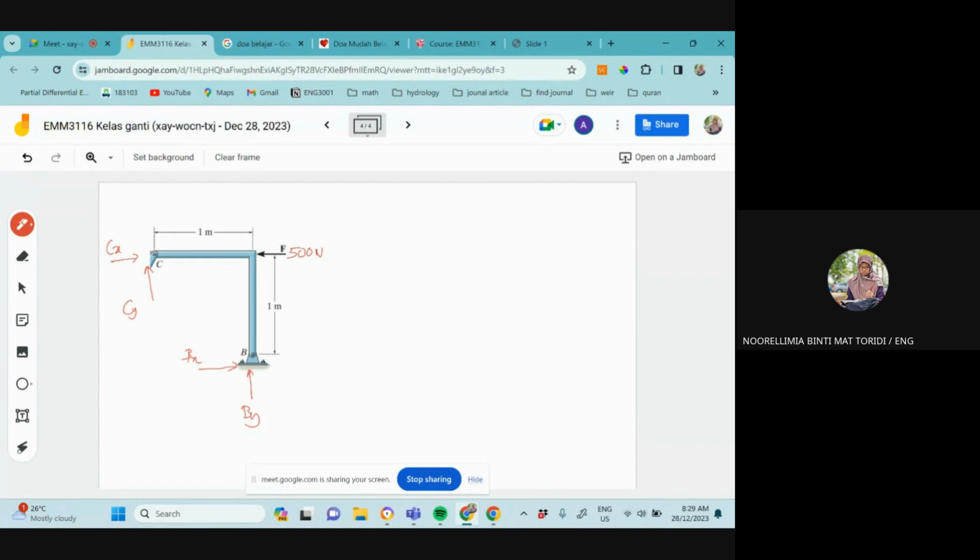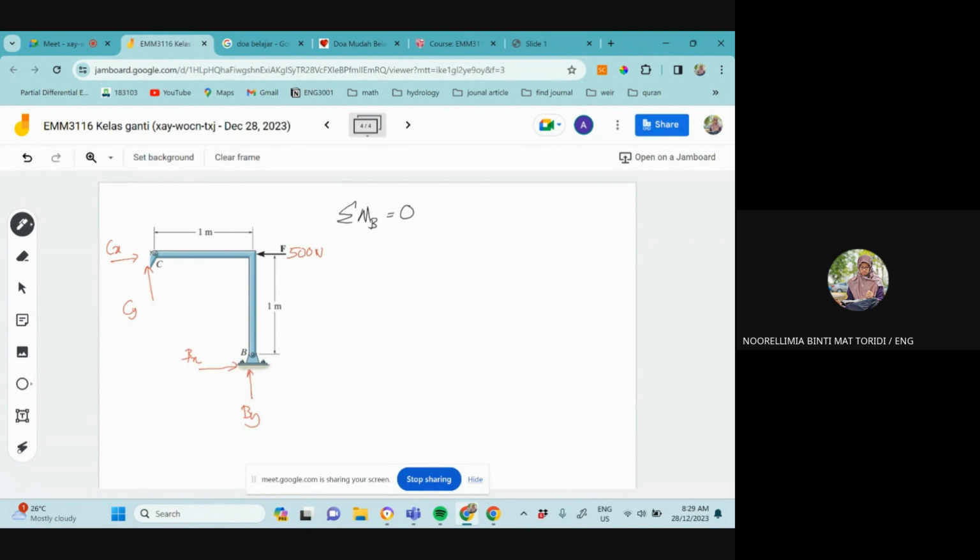Okay, now we decide. So earlier we can choose either summation moment at C equal to 0 or summation moment at B equal to 0. Can choose either one. The answer should be the same. In this case, we choose summation of moment at B equal to 0.